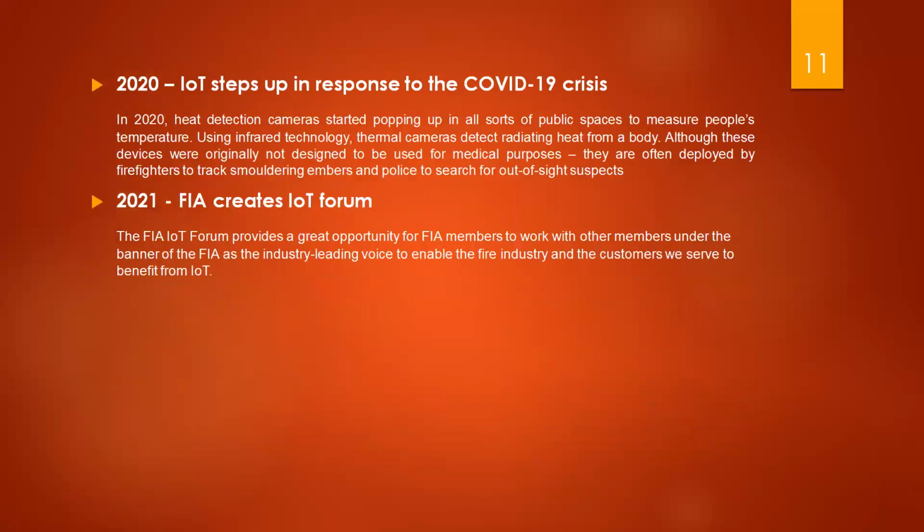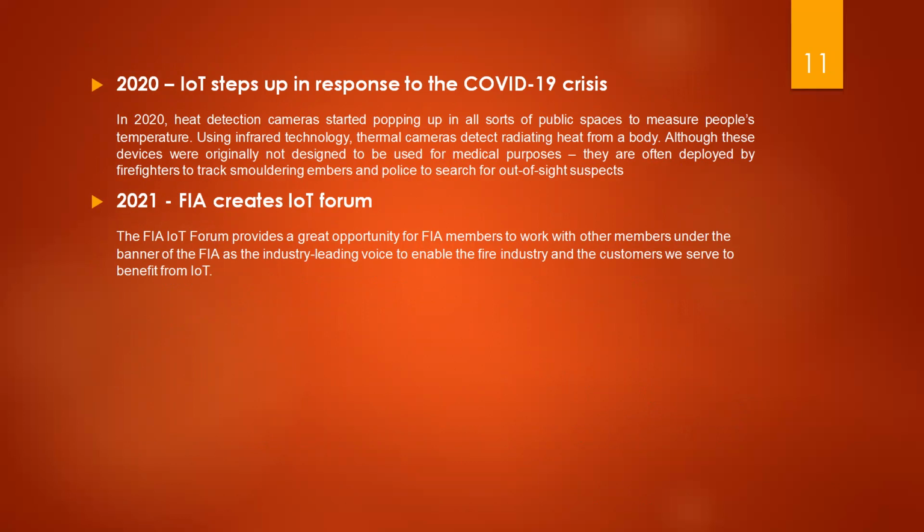Now, in 2020, IoT steps up in response to the COVID-19 crisis. In COVID time, 2020, heat detection cameras started popping up in all sorts of public spaces to measure people's temperature.